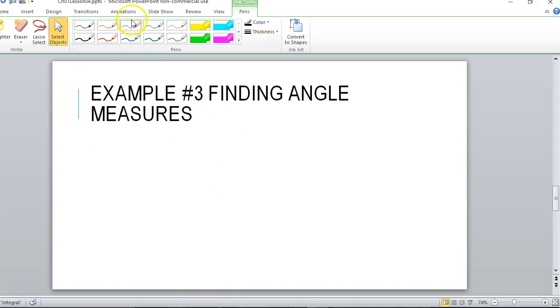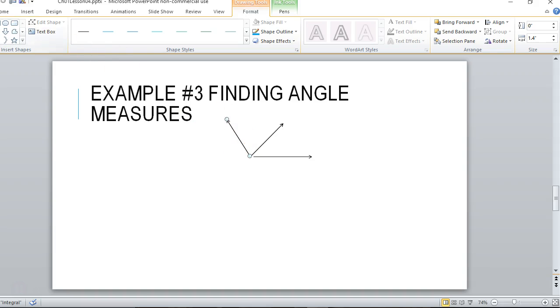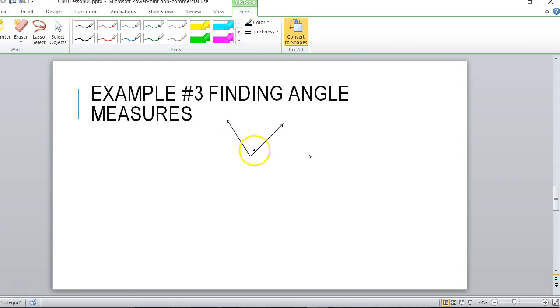All right, let's draw another angle here. So we will label these. I'm going to see if I can get these a little bit better here.